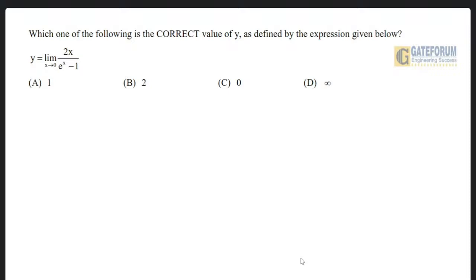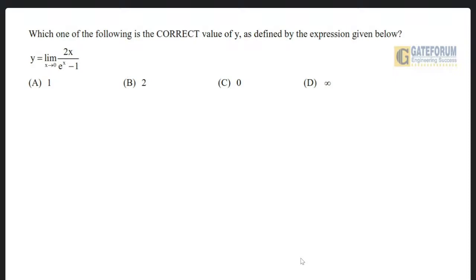Hello everyone. Now I am going to discuss Chemical Engineering GATE 2023 Mathematics questions. The question is, which one of the following is the correct value of y as defined by the expression given below?